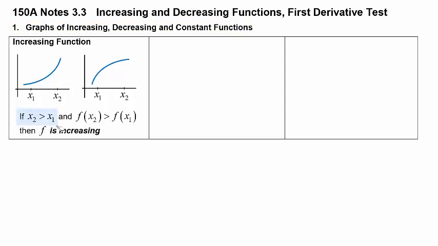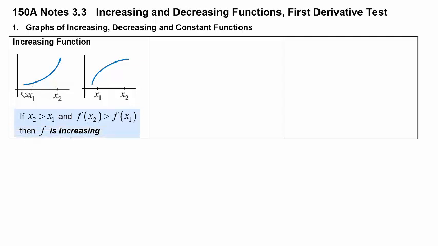If x2 is greater than x1, and that just means that x2 is to the right of x1, and f of x2 is greater than f of x1, now this just means that the y value at x2 is bigger than the y value at x1, then f is increasing.